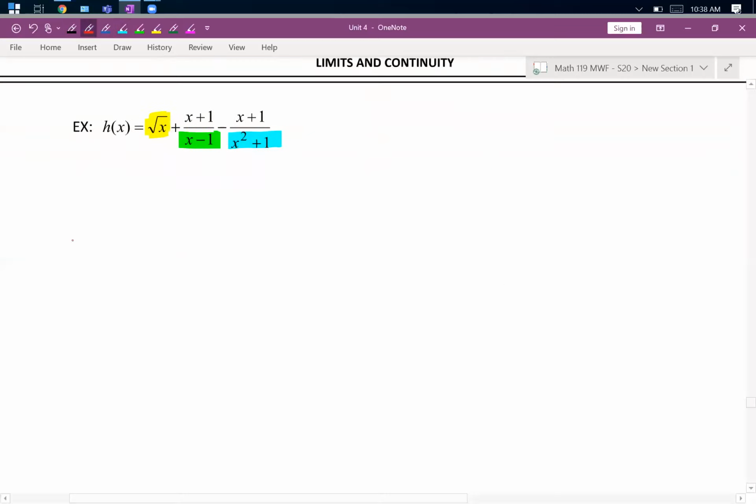So starting with the square root of x, we know our radicand has to be greater than or equal to 0. Well, that's already solved for us. For our first denominator, we set our denominator equal to 0, solve and exclude, so we can't be equal to 1. And then we have our third denominator. Again, we're going to set it equal to 0, solve, and exclude.